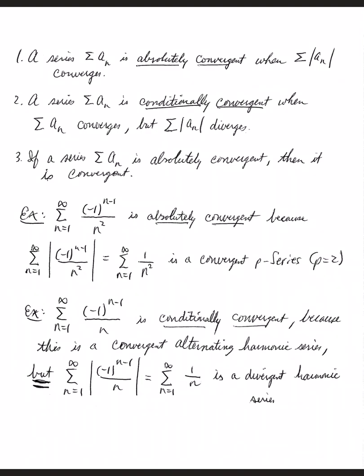We've seen that you can either look at it as a P series with P equals 1, that makes it divergent, or you could apply the integral test and you don't get a finite limit value at the end. So, long story short, as written, the series converges. When you take the absolute value, it no longer converges.